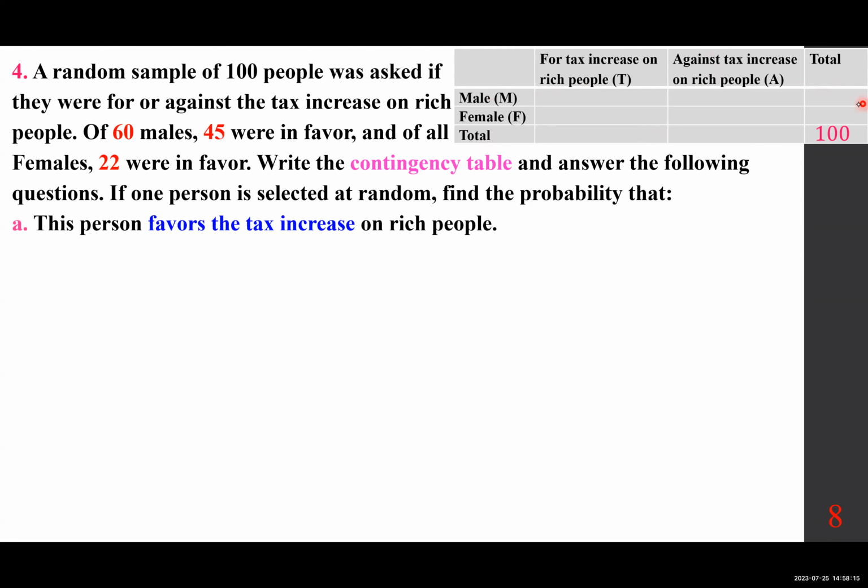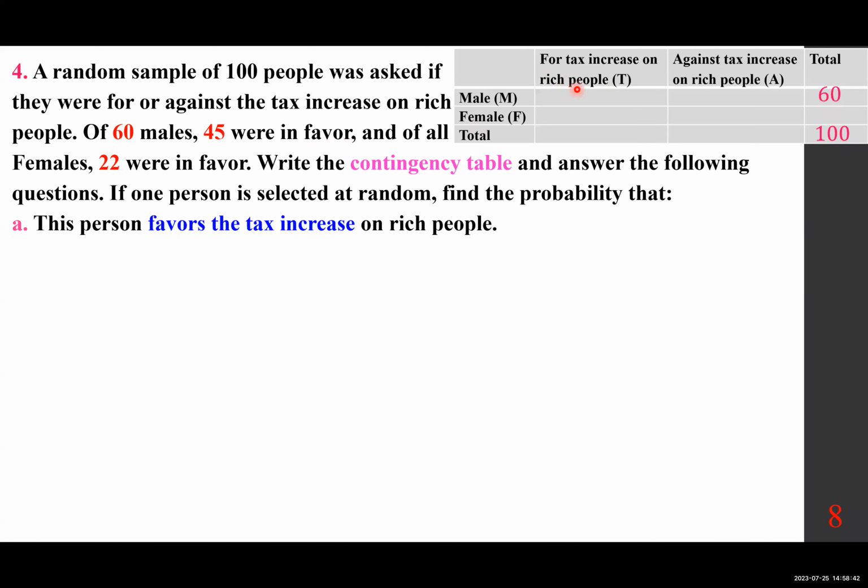This is the total for this row and this row. And you can call it the grand total of 100. So we want to fill this up. The very first number: people were asked if they were for or against the tax increase on rich people. Of 60 males, so males, 60, 45 were in favor.